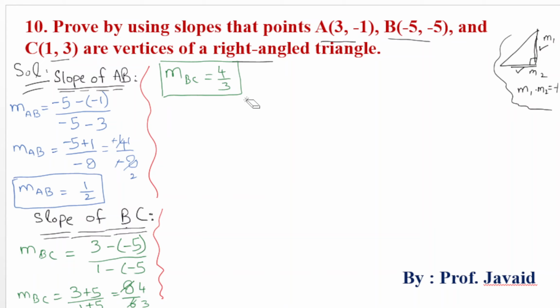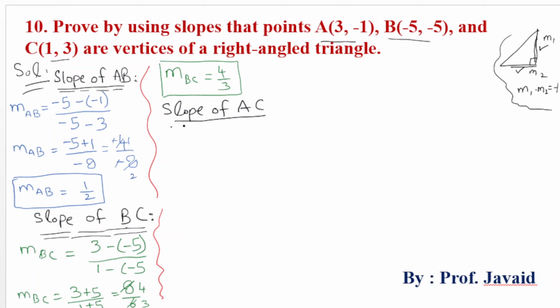Now the next thing we have to find is the slope of AC, since we have found AB and BC. So let me write the slope of AC.